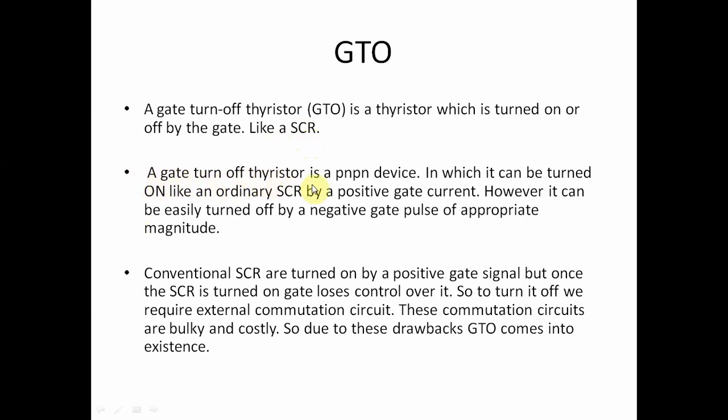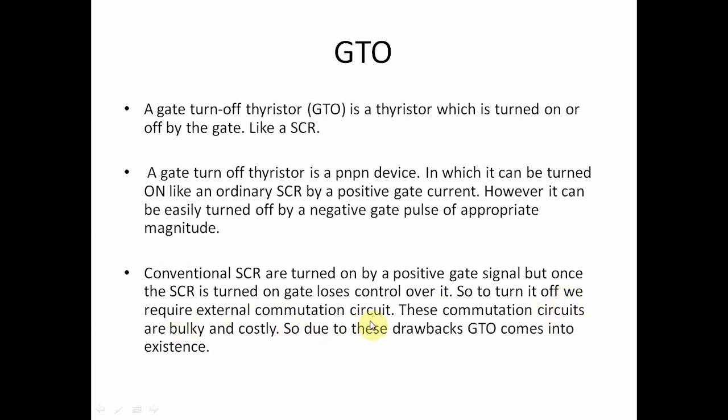A gate turn-off thyristor is a PNPN device which can be turned on like an ordinary SCR by a positive gate current, and it can be easily turned off by applying a negative gate pulse of appropriate magnitude. Conventional SCRs are turned on by a positive gate signal, but once on, the gate loses control over it. So to turn it off we require an external commutation circuit.